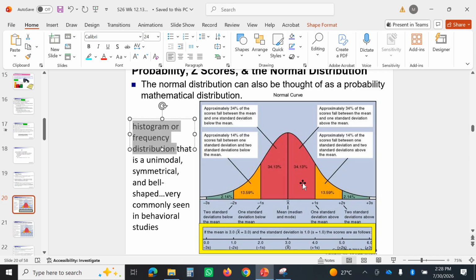We've seen these numbers before, 34%, 13.5%, 2.14%. You also have the same corresponding values on the left side of the chart. So there's your mean again. There is -1 standard deviation, -2, -3. The distance between +1 and -1 is the same. You'll see the percentages here.